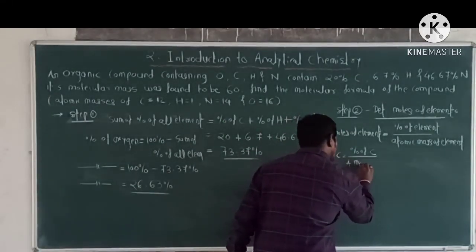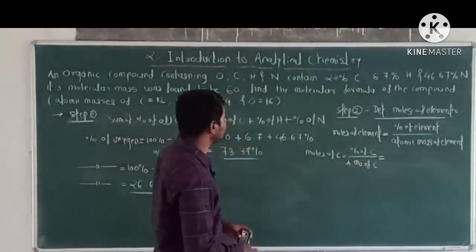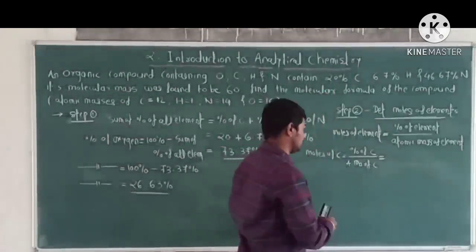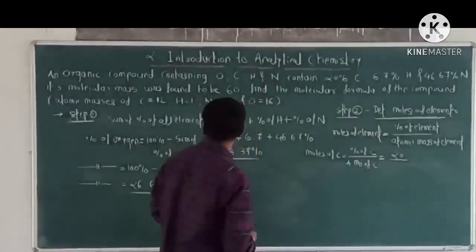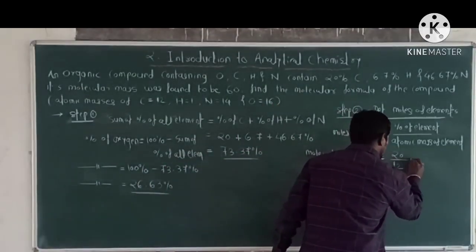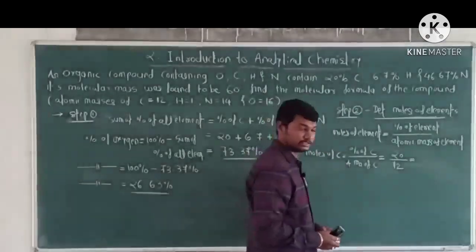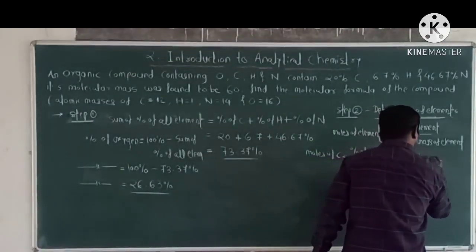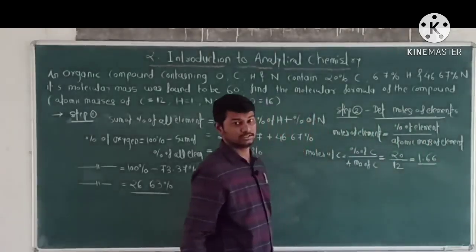The percentage of carbon is 20, divided by the atomic mass of carbon, which is 12. Solving this equation, we get moles of carbon as 1.66.